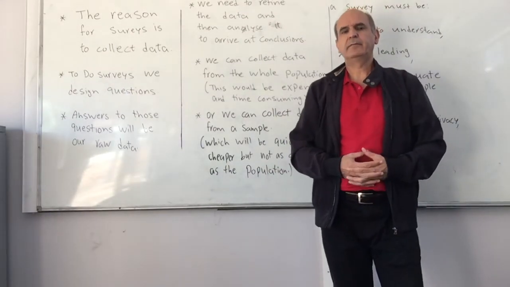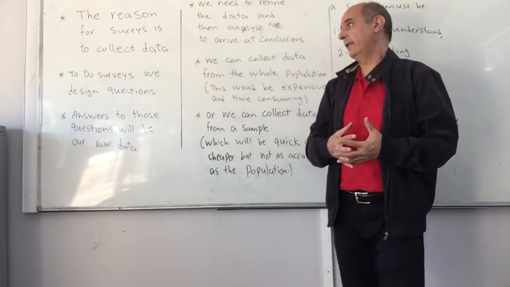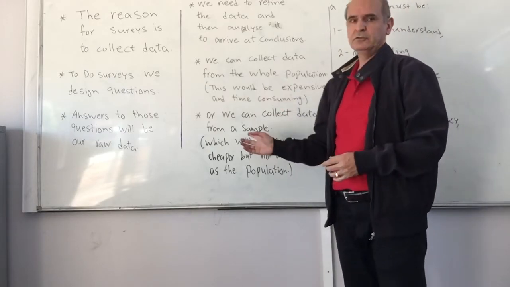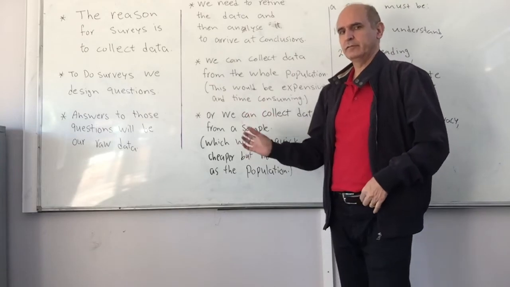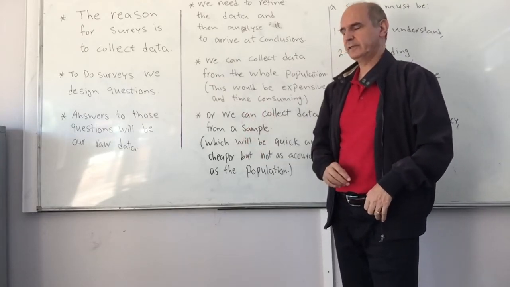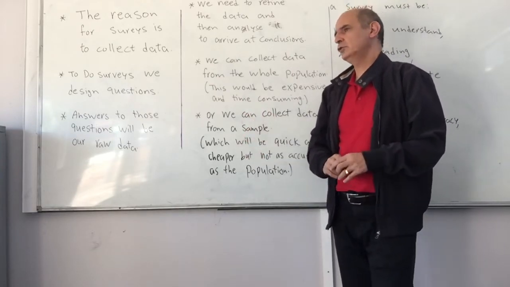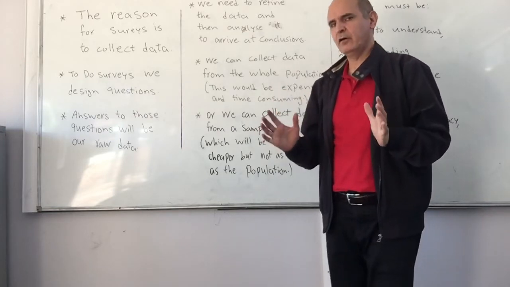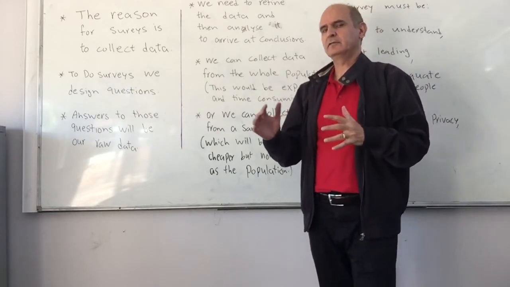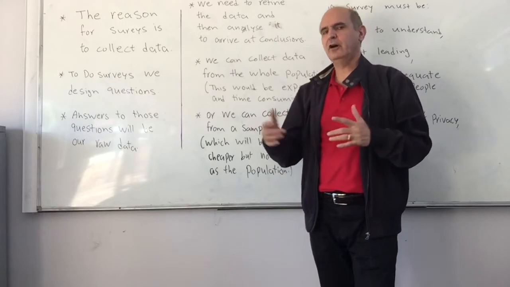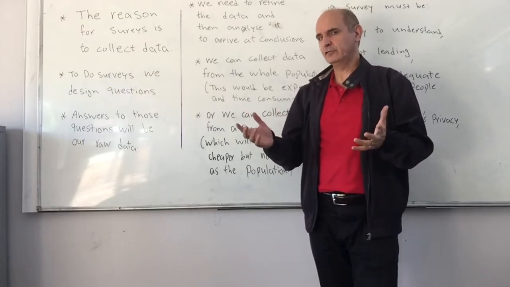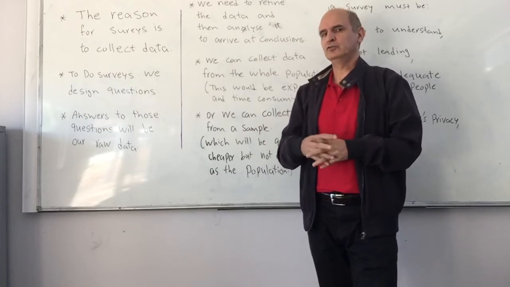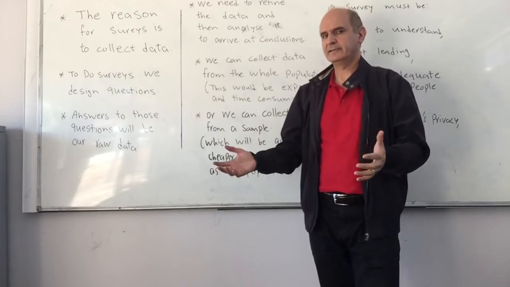You can go around and ask everyone at your school, or you can choose a sample of people, and from a school of, say, 900 students, we can choose to ask only 50 of them and then use that for your analysis.